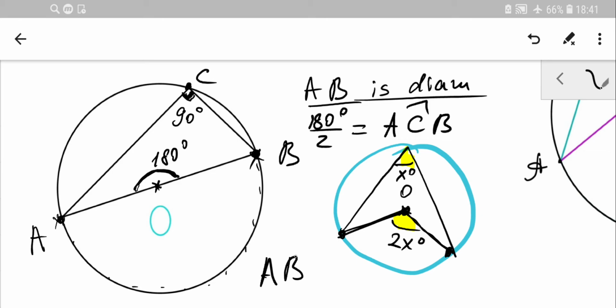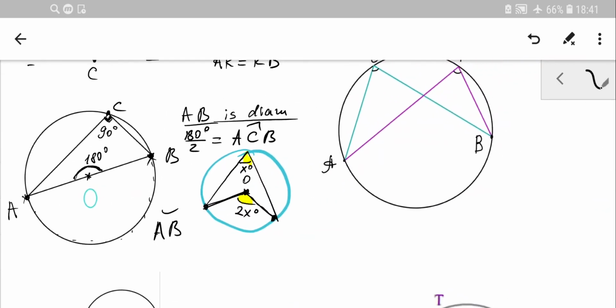In this case, arc length AB will be measured by the angle 180 degrees. Because 180 is half of the whole circle, we definitely know that the arc length is just half of the circumference.